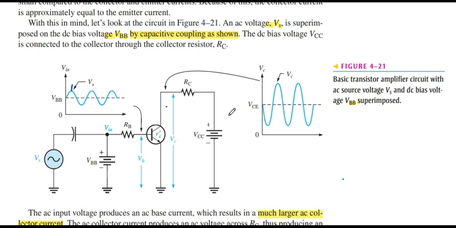The two forms are inverted with respect to one another. When the input voltage is at its highest value, the output voltage is at its lowest value, so it is in inverted form.